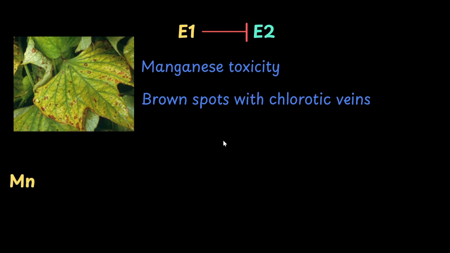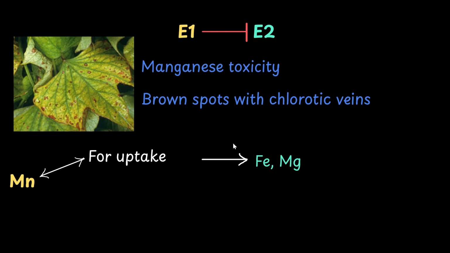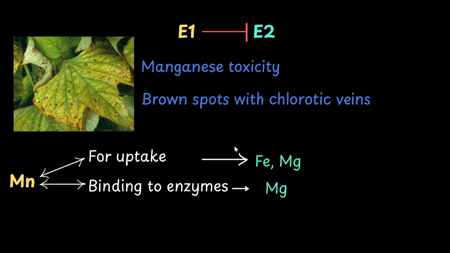It is important to know that manganese competes with two elements for uptake, iron and magnesium. It also competes with magnesium for binding to enzymes. Manganese can also inhibit the translocation of calcium.